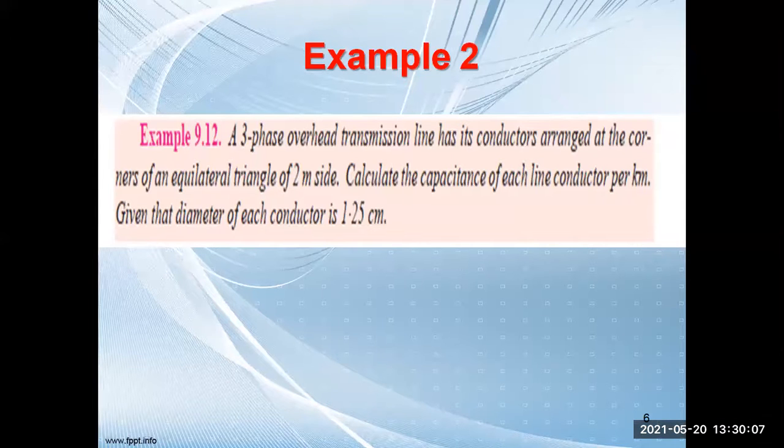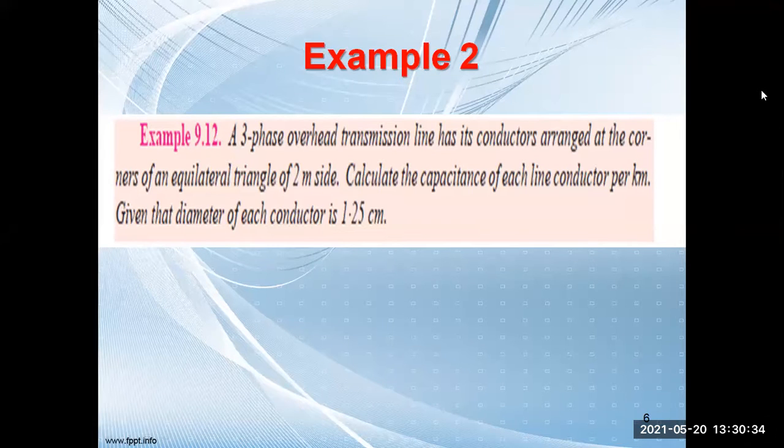So it is a problem related to equilateral spacing, that is, the equilateral triangle. All the distances are equal, and the conductors are placed at the corners of that triangle. Now we need to calculate the capacitance per kilometer, and the diameter of the conductor is given as 1.25 centimeter.